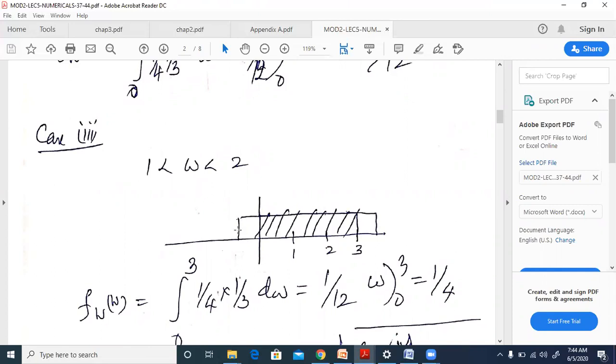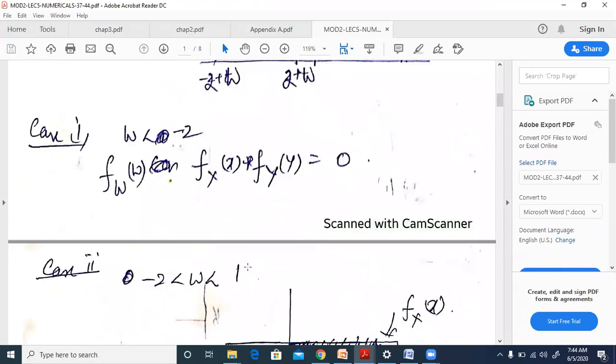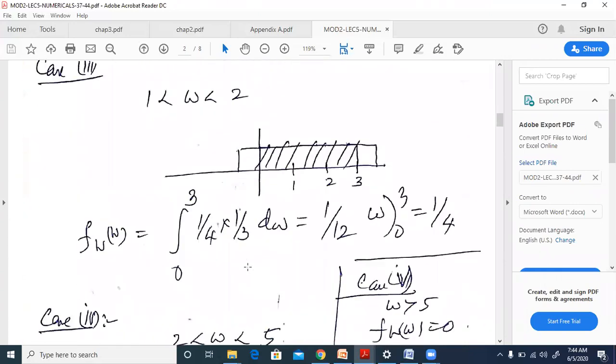That means this quantity is 2 minus, or rather, minus 2 plus w. Once minus 2 plus w crosses this point, meaning minus 2 plus w is equal to 0, that is w equal to 2, it crosses w equal to 2. Then we will have the value which is greater than 2.